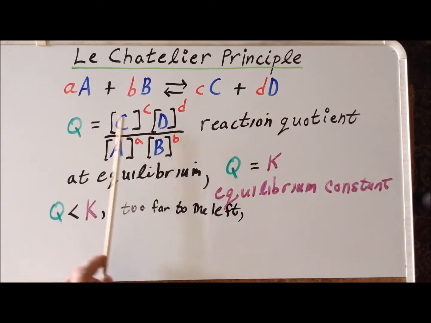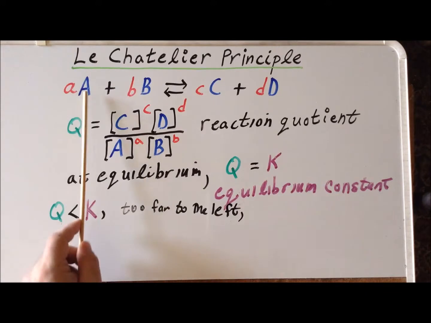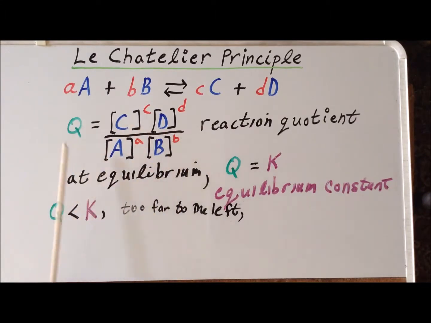And since we are too far to the left, the system will respond to being out of equilibrium by shifting to the right. In the process of shifting to the right, it decreases the denominator expression and increases the numerator. And as a result, it makes Q larger.